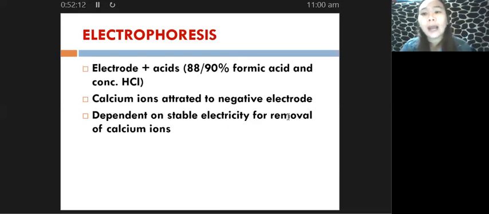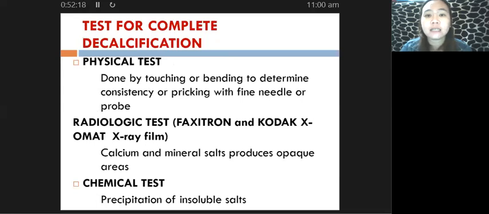While carrying out the decalcification process, it is very important that you know if the decalcification process is already complete. I repeat, you have to establish, or determine, if the decalcification process is already complete.